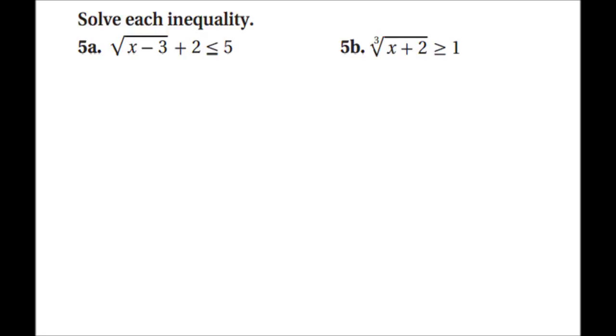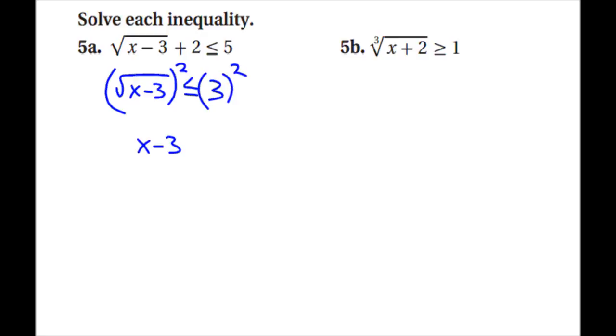So subtract 2 from both sides, so we get the square root of x minus 3 is less than or equal to 3. Square both sides, so we can get rid of that radical. We get x minus 3 is less than or equal to 9.